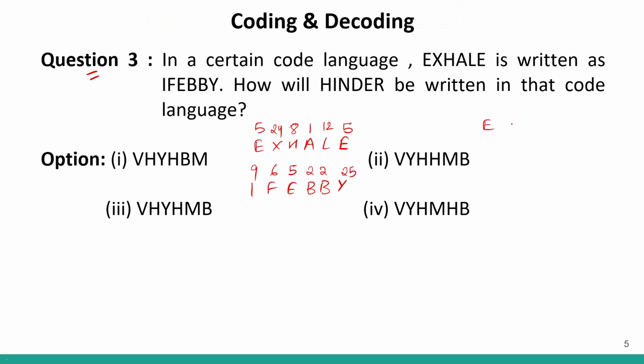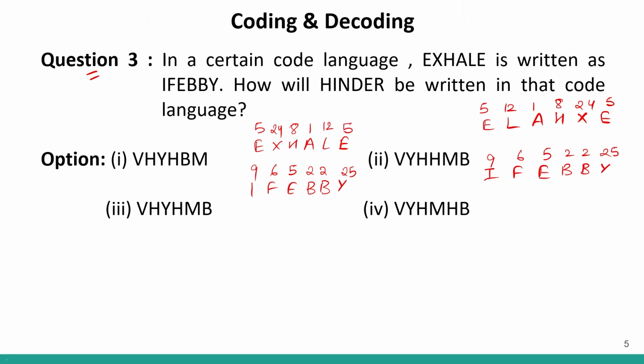If I write it in the reverse order, E, L, A, H, X, E, and the code is I, F, E, B, B, Y. So this will be 5, 12, 1, 8, 24 and 5, and this will be 9, 6, 5, 2, 2 and 25.